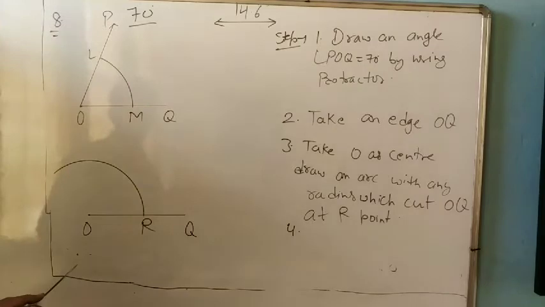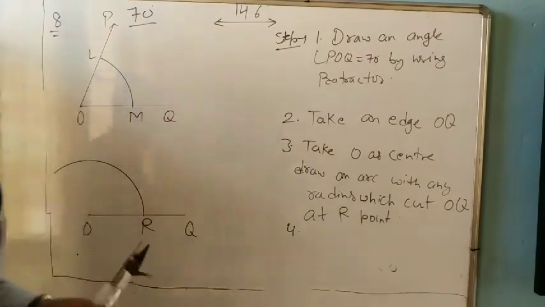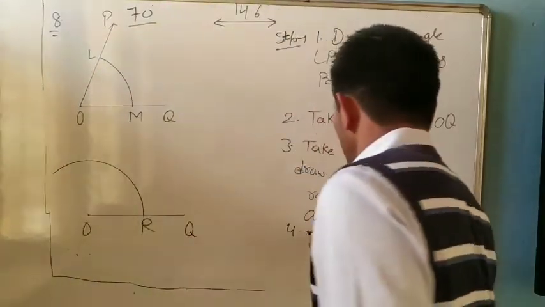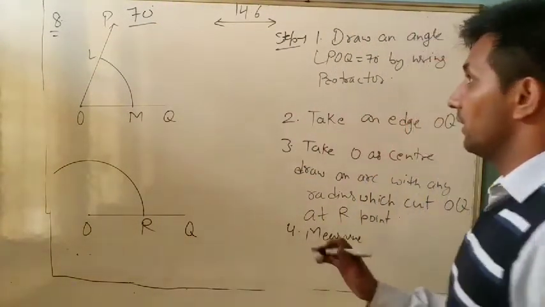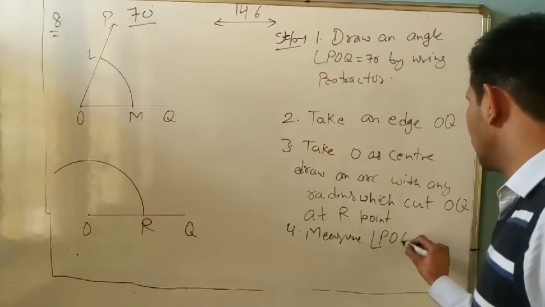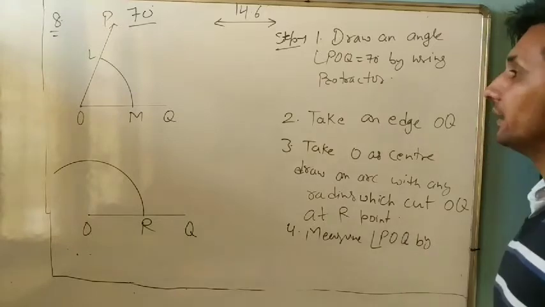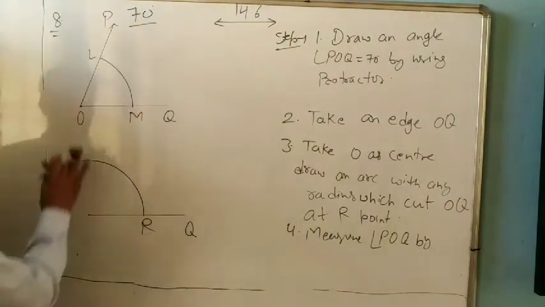Copy means if it is 70, then this is also 70 degrees. So we will write: measure angle POQ. You can give its name differently because it is a copy we are making.